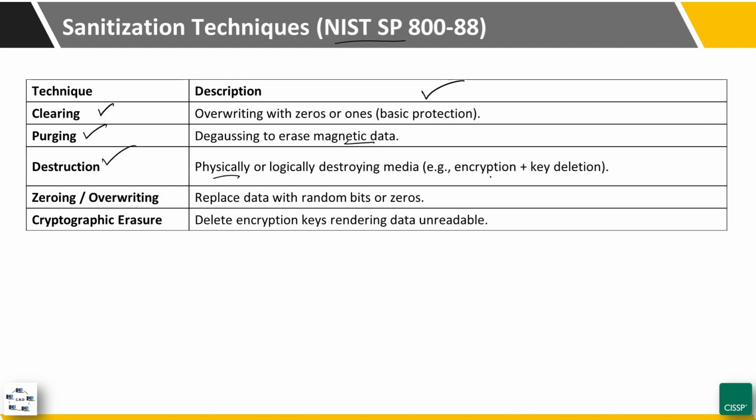Logically means to encrypt data and then delete the keys, as we studied in the case of data deletion inside cloud. Next is zeroing or overwriting, which replaces data with random bits or zeros. And the last one is cryptographic erasure, which is deleting the encryption keys that renders data unreadable.